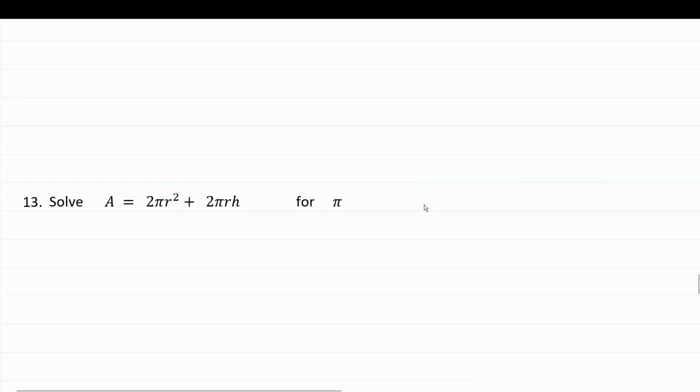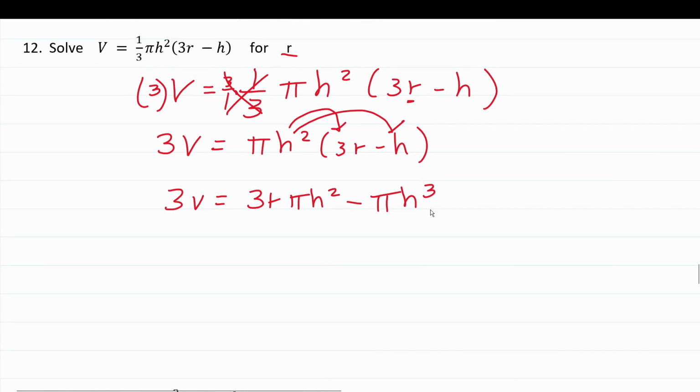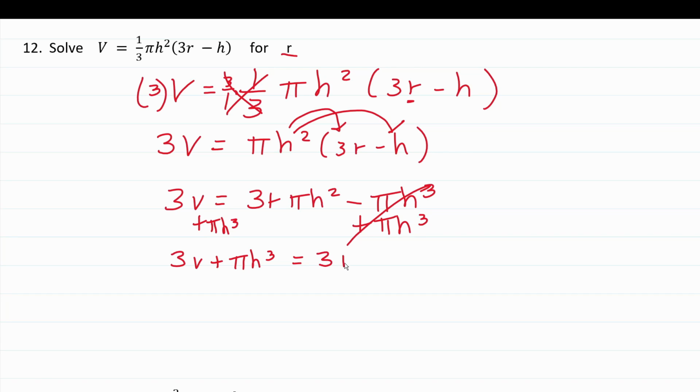All right. And now what can we do to solve for r in this case? Well, the very first thing we can do is add pi h cubed here and here. This will cross out here, leaving you with 3v plus pi h cubed equals 3r pi h squared.